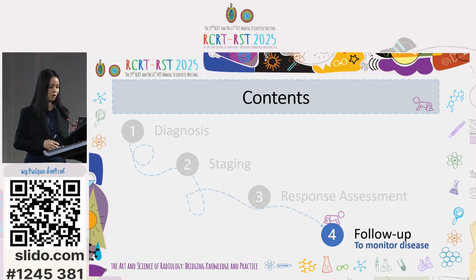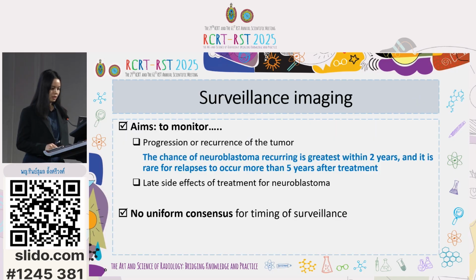Now, shifting our focus to the final topic, how important follow-up imaging is. Follow-up is an essential part of long-term management and monitoring to ensure the best possible clinical outcomes. Surveillance imaging alongside clinical assessment is key in the early detection of tumor recurrence and treatment-related complications.